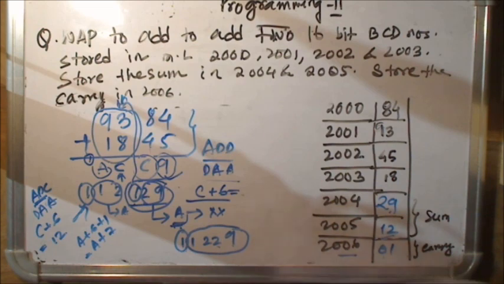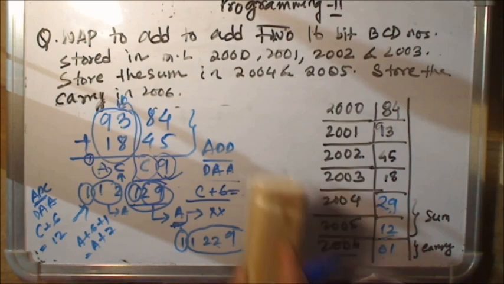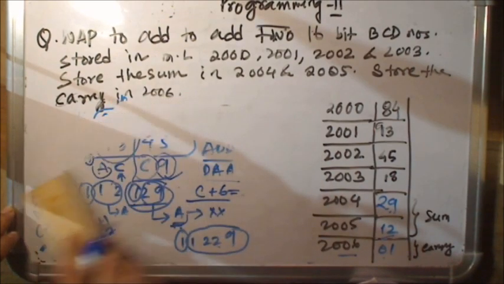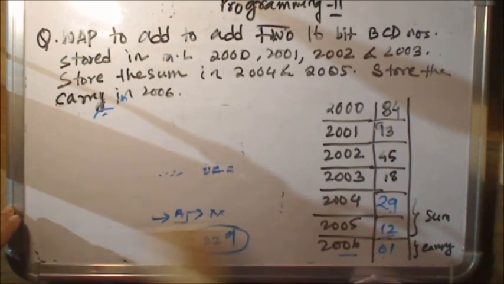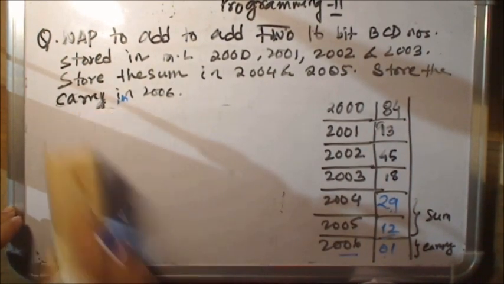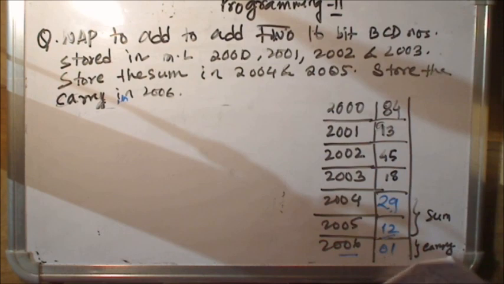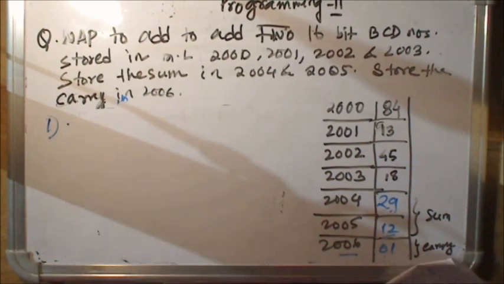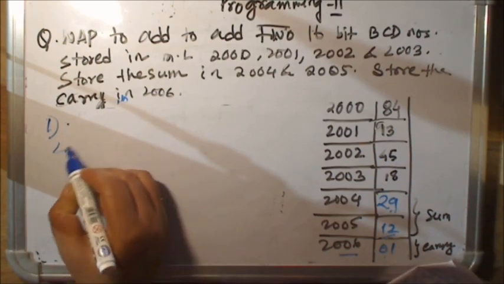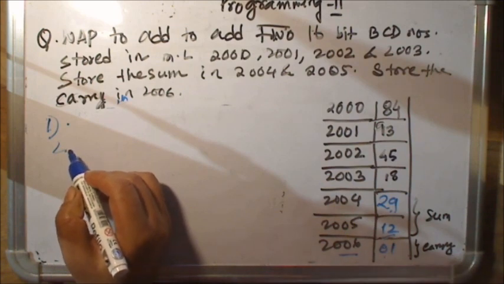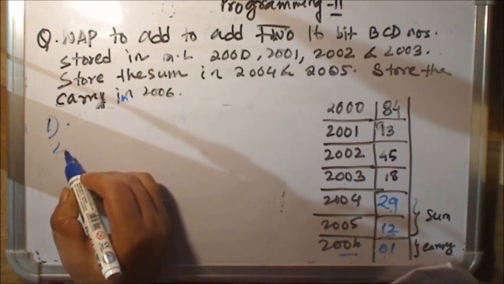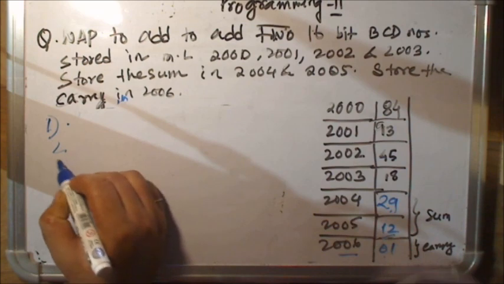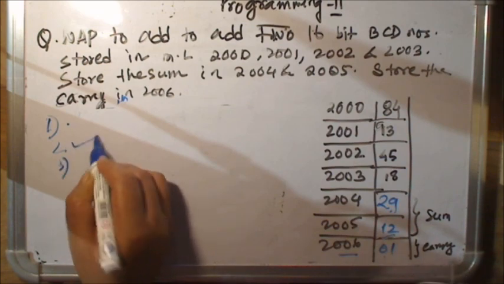So I hope this is clear. Okay, so what are the steps you need to perform? I hope the logic is clear on how you are going to do it. This is a 5-step program. Add the lower byte first, then perform DAA.